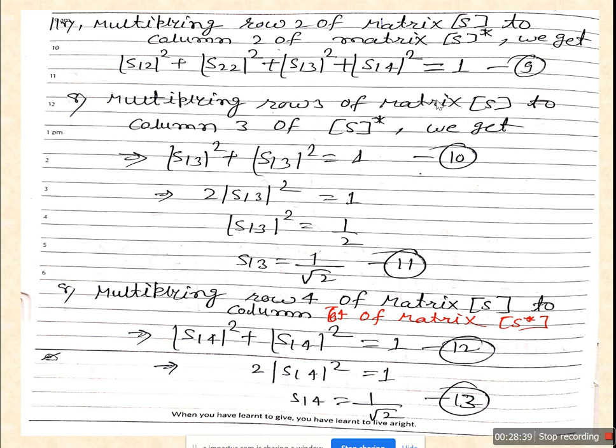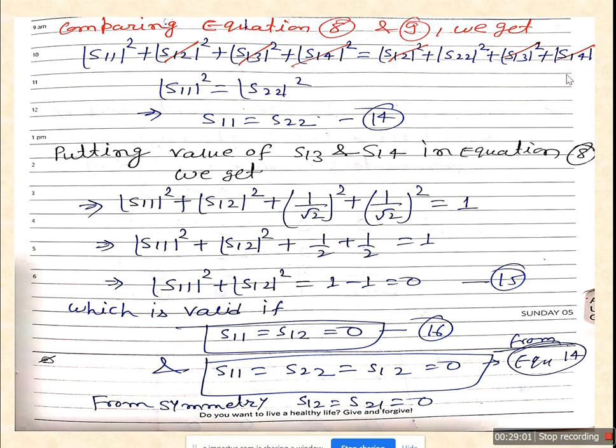Similarly, row 3 and column 3, simply multiply and you will get this. Then S14 equals 1 by root 2. Putting in all these values, you will get S11 equal to S22, and the remaining terms.